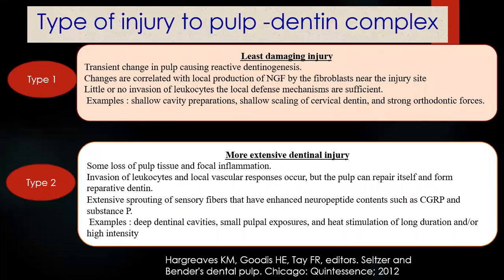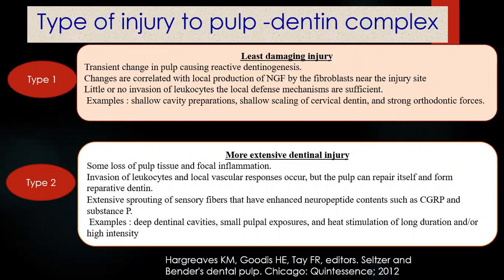Depending upon the damage, we have types of pulpal injury. Type 1 is the least damaging type, like shallow cavity preparation, shallow scaling and so on. Type 2 is more extensive dental injury. The injury has occurred and there is a local vascular response, but the pulp has the capacity to repair itself and form reparative dentin. For type 2, we have deep dentinal cavities, small pulpal exposures, heat stimulation and so on.